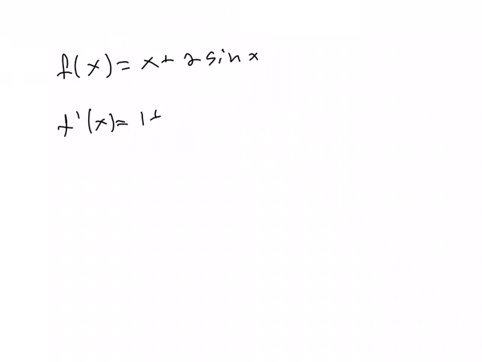Next problem I'm going to do is problem 33. For what values of x does the graph f of x equals x plus 2 sine of x have a horizontal tangent? So we take f prime of x is equal to 1 plus 2 cosine x, and we set this to 0, which means we have 2 cosine x is equal to negative 1.